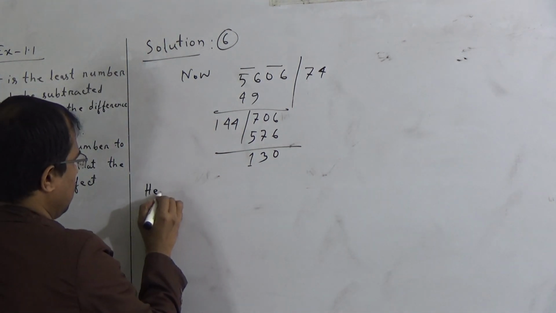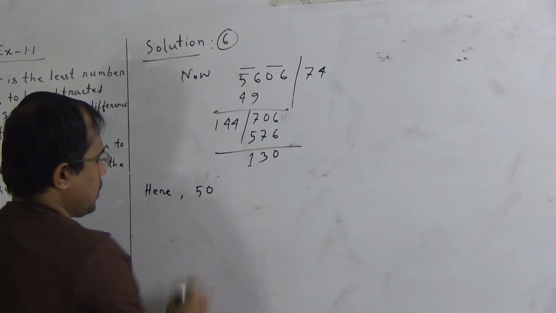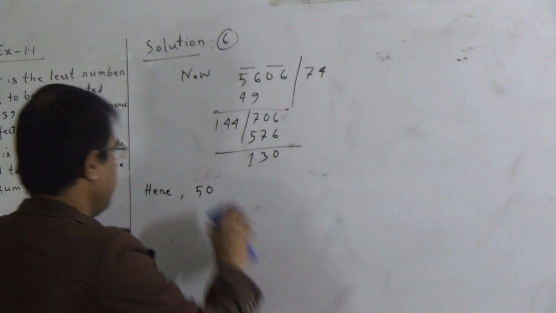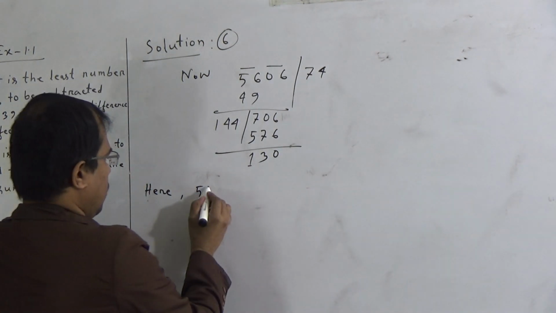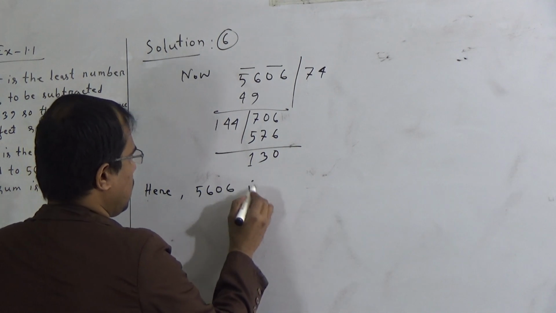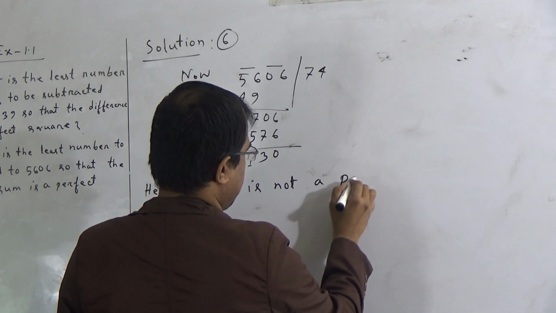Here 5606 is not a perfect square number.